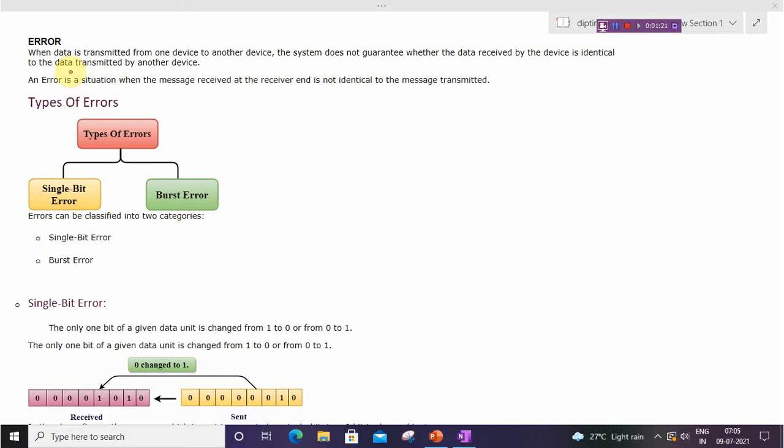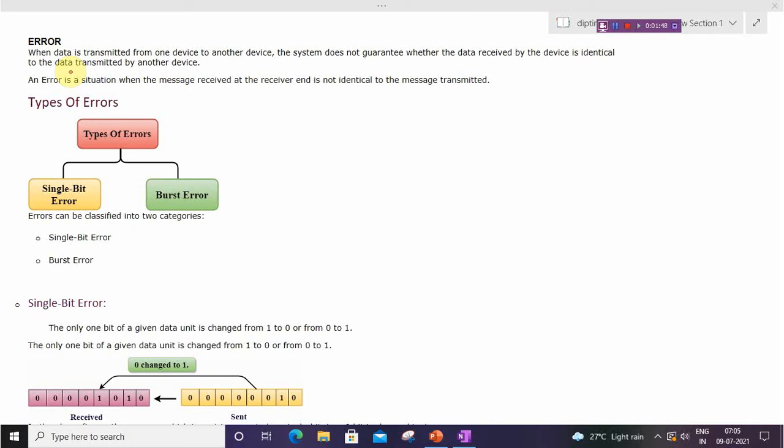Means there may be some changes in the data sent by the sender device in the data of the receiving device. An error is a situation when the message received at the receiver end is not identical to the message sent by the sender. Okay, means there may be some changes in the data.